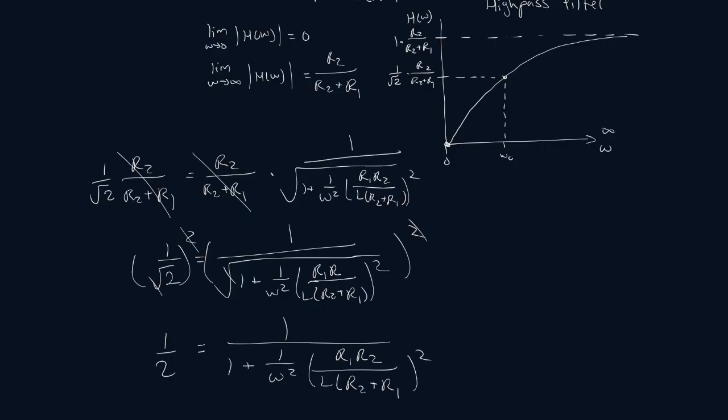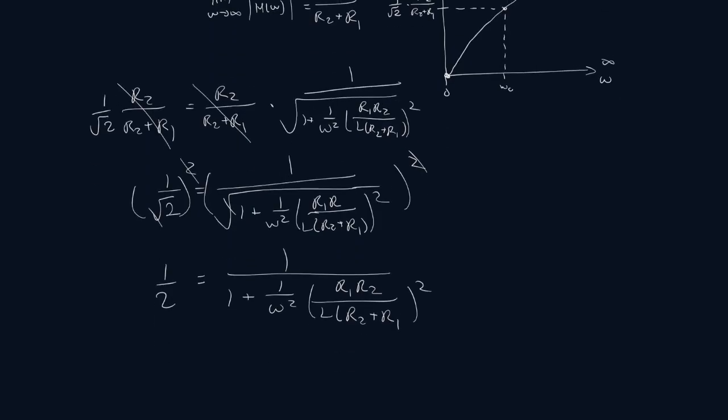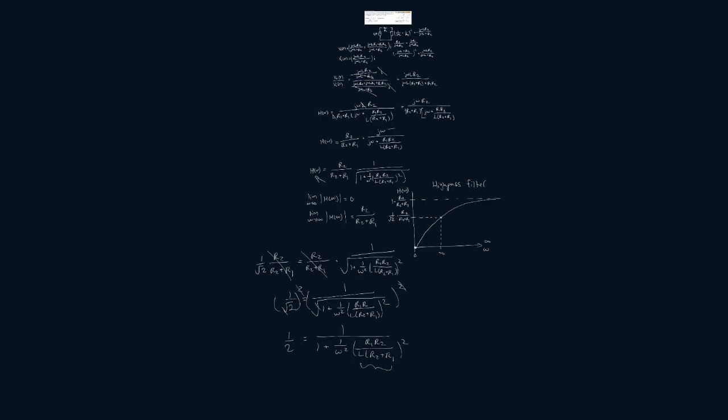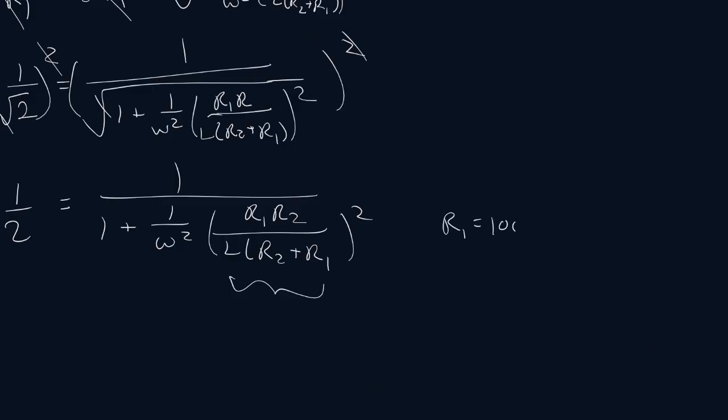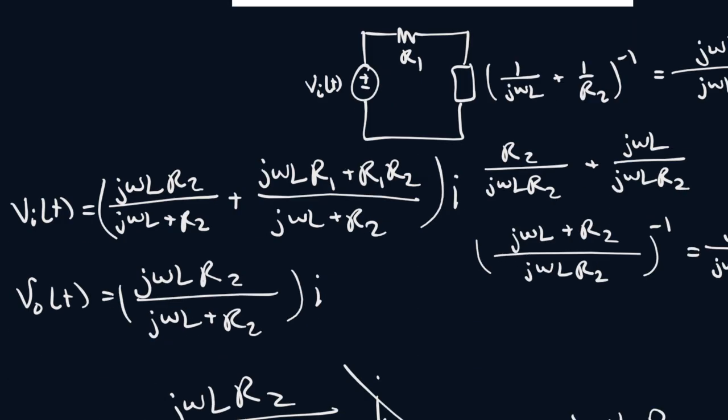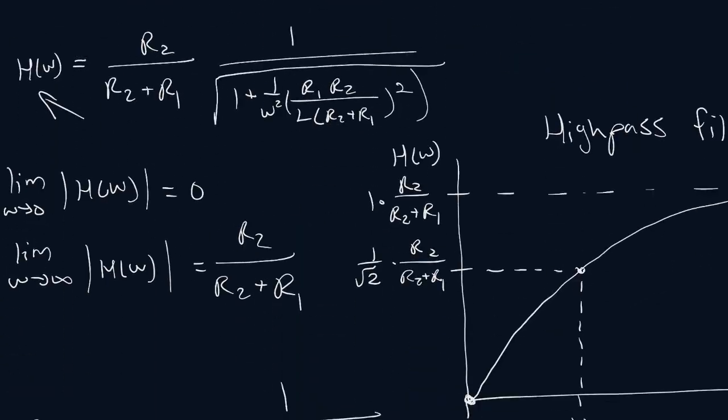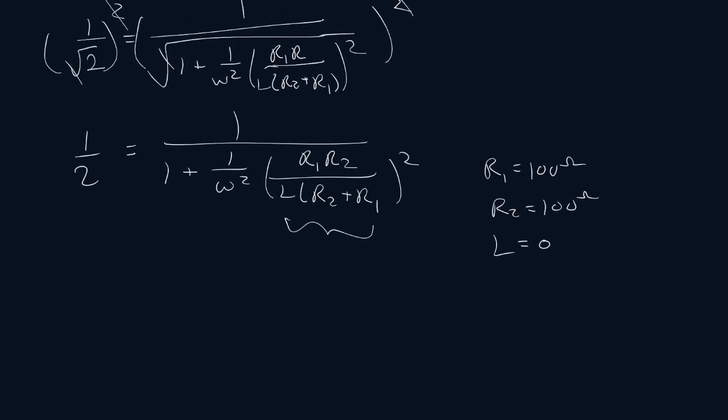Okay, what should this be equal to? So let's see what R1 and R2 were. R1 was 100 ohms, and R1 is equal to R2. So R1 is equal to 100 ohms, R2 is equal to 100 ohms, and we need to know the inductance. The inductance is equal to 2 millihenries, so 0.002 henries. So we just plug these in.